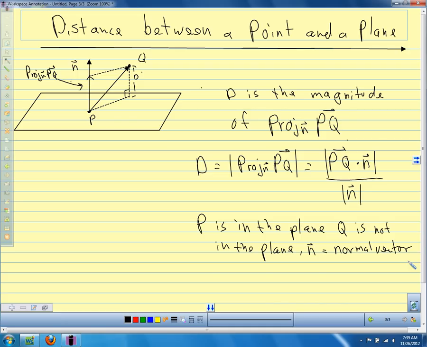For a plane, to find the distance, we use the dot product. We can choose any point in the plane to form our vector PQ, and we end up with the same result. We might get a slightly different expression for our distance, but when we solve it all out, we should come up with the same answer.